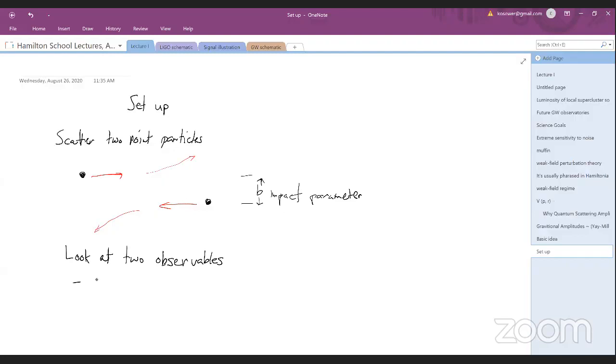One is the time-integrated change in the momentum of one of the particles, let's say particle 1. And this in classical physics is known as the impulse.